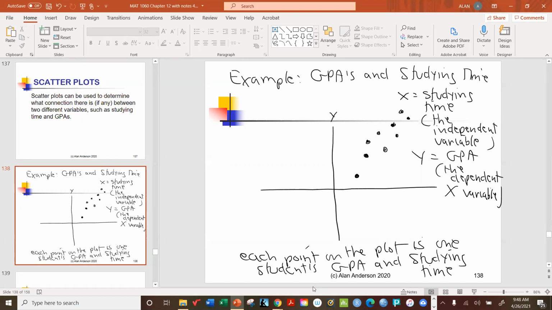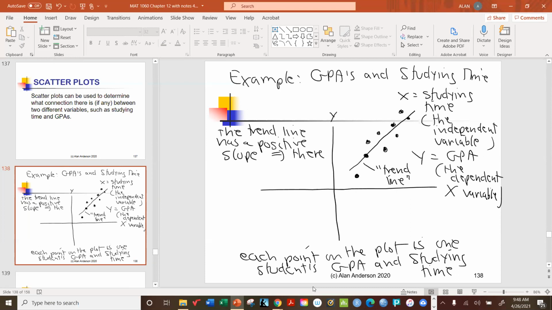So if you look at the points carefully, you'll notice that if I were to draw a line between them, trying to connect the points, that line, which is known as a trend line, the trend line has a positive slope, which implies there is a positive connection between X and Y. Which is what we expected.